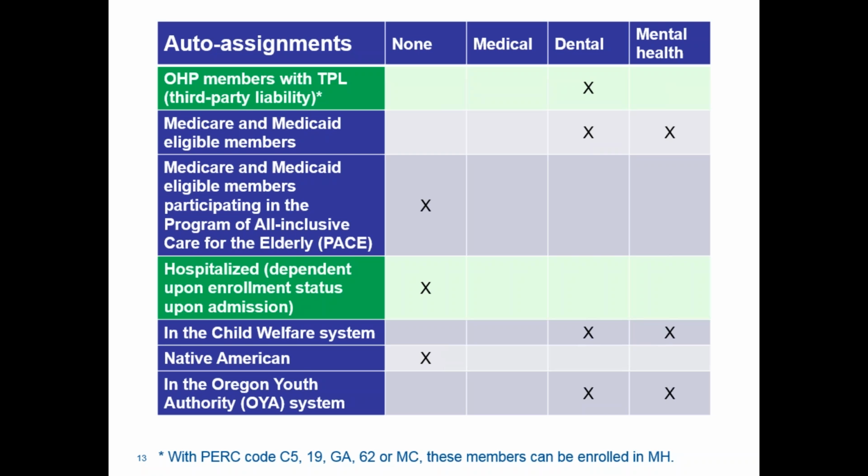Children in the child welfare system will auto-assign to dental and mental health. Our HNA, Heritage Native American clients will not auto-assign. And our Oregon Youth Authority clients will assign with dental and mental health. There are some exemptions for our child welfare and our OYA clients who have the perks listed at the bottom of the slide to allow them to have additional mental health coverage through OHP.